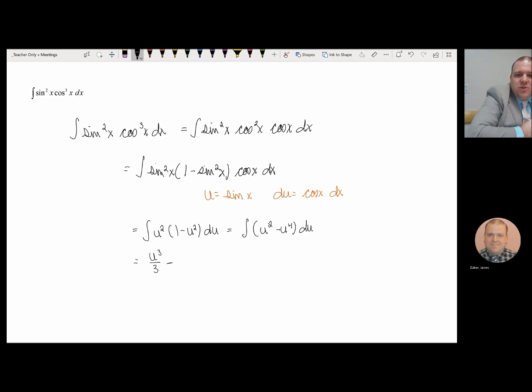So antiderivative of u to the fourth. And don't forget your constant of integration. That's just a matter of replacing u with a function of x. And there's your antiderivative.